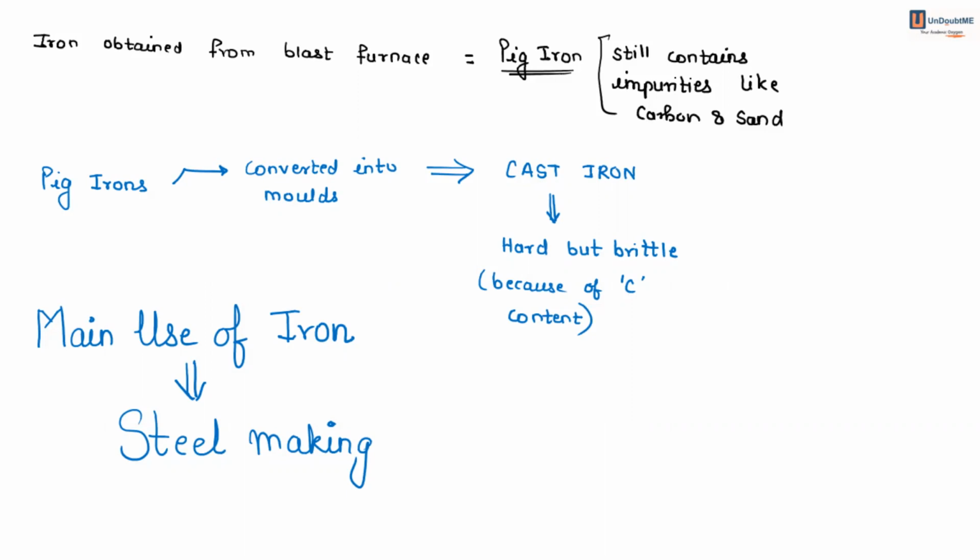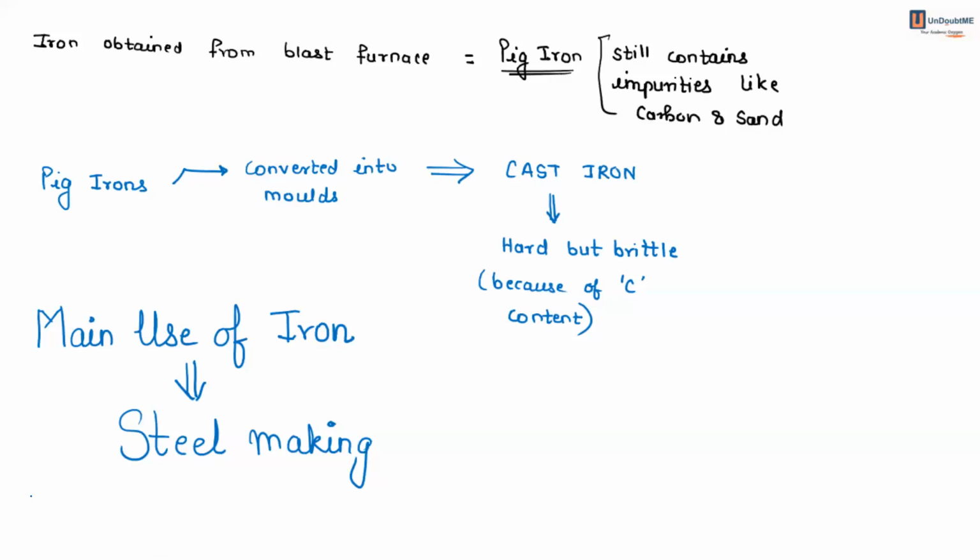Now steel is of different types depending on the use. We have stainless steel, mild steel, machinery steel, dockyard steel, different kinds of steel. We are going to study two types of steel, mild steel and stainless steel.